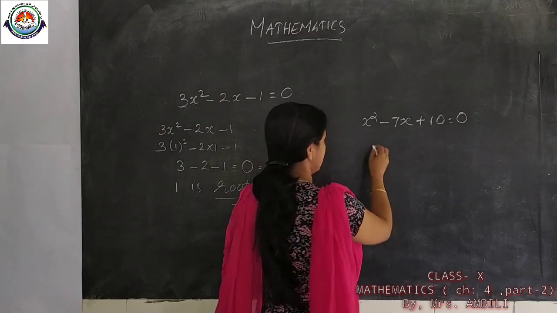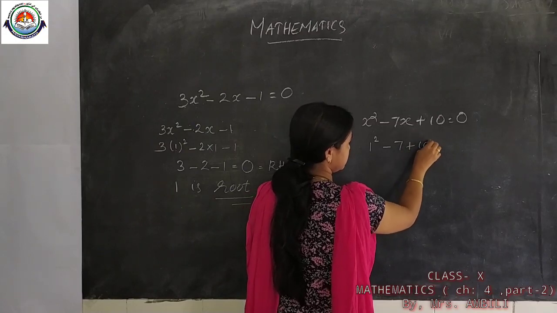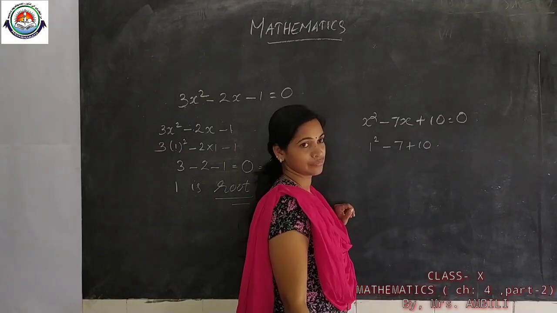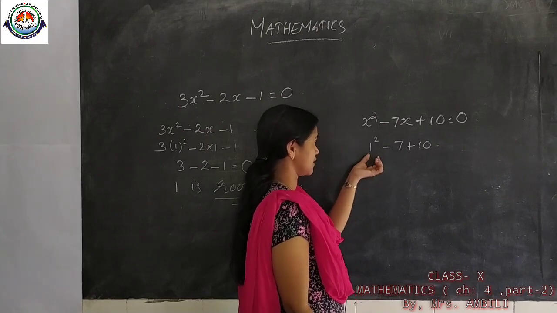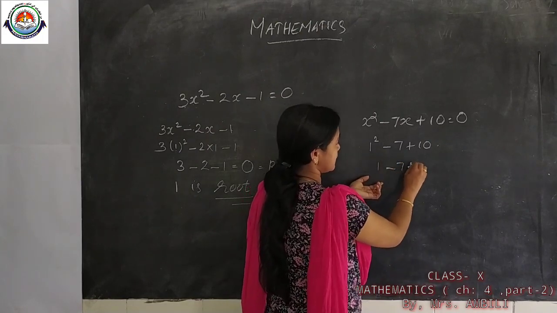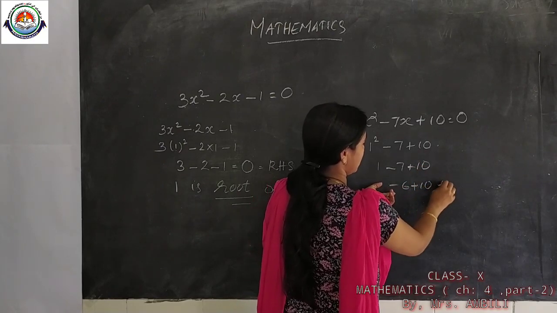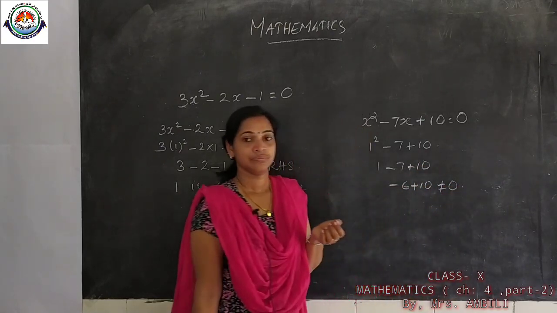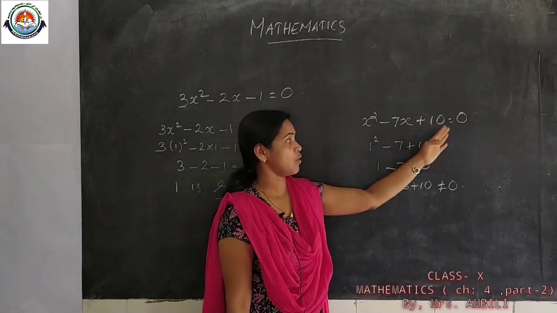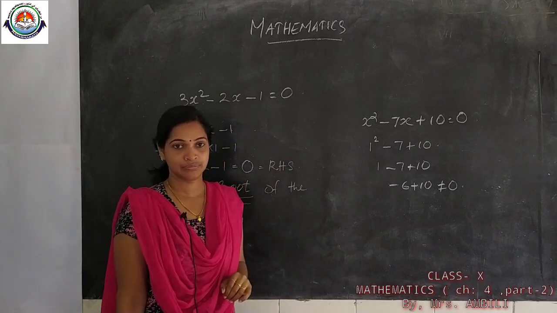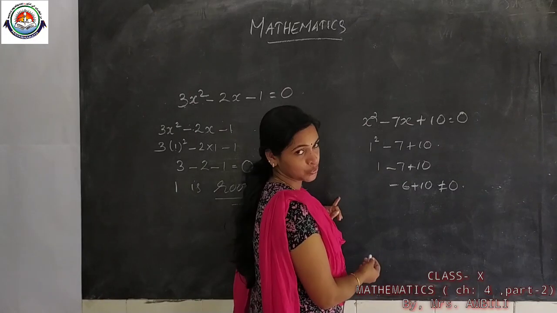Let's see, 1 square minus 7 into 1 plus 10. 1 square is 1, 1 minus 7 is minus 6, plus 10, it is not equal to 0. So, we can say that 1 is not the solution of the given equation.